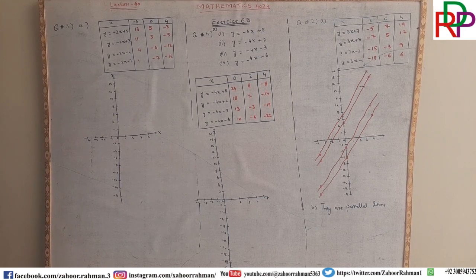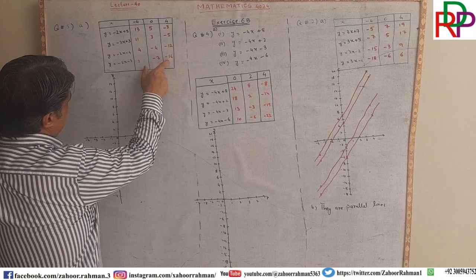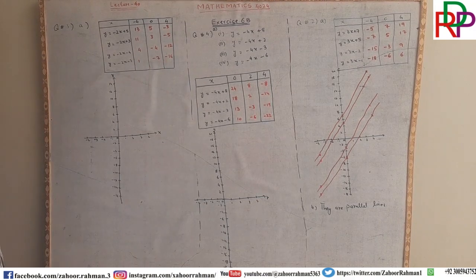I also wrote the corresponding values. I already calculated it, so we don't have to waste time because you understand the way how to find these values. By putting different values of x, you are getting the corresponding values of y.